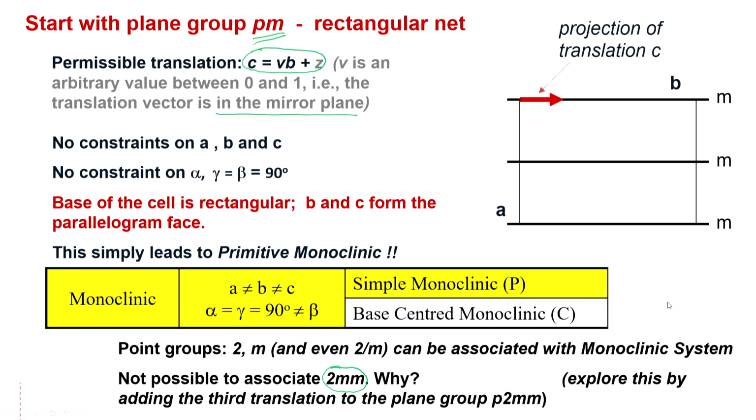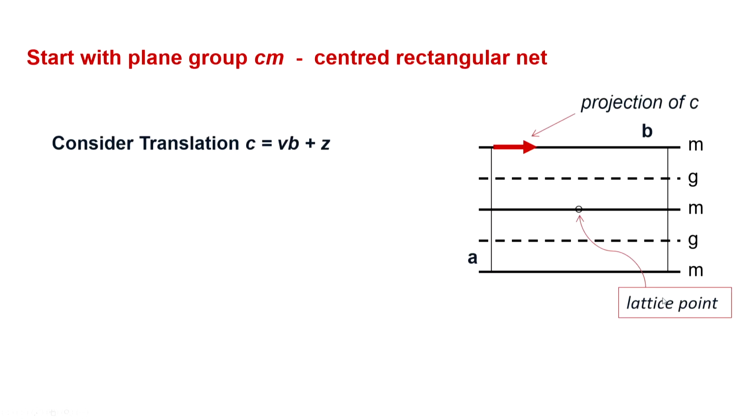Let us now take a different plane group of the rectangular crystal system. This time we are taking a centered rectangular cell. It has a plane group Cm. We have seen this in earlier lectures when we were discussing the plane groups.